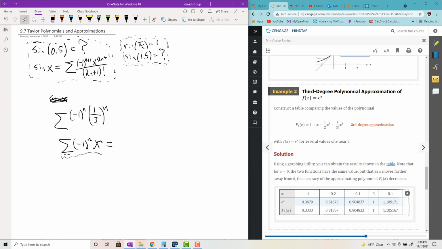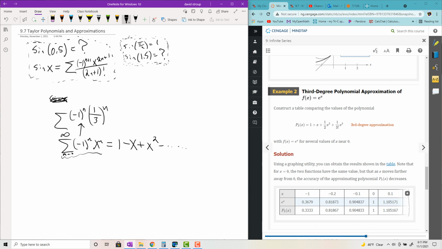If you start at n equals 0 and go to infinity, what do you get? You get an infinitely long polynomial. The first term would be 1, and then minus x, and then plus x squared, and then minus on and on forever. But at heart, when you plug in 1/3, you're just getting a very simple series, the type we've been studying in sections 9.1 to 9.6, right?